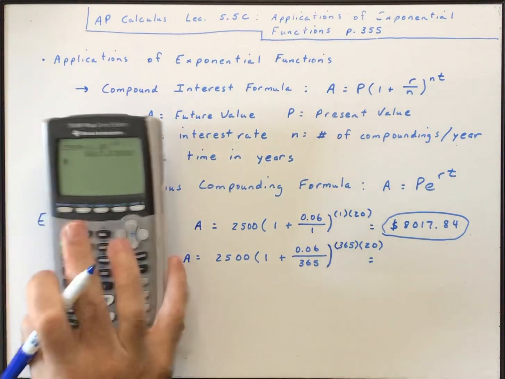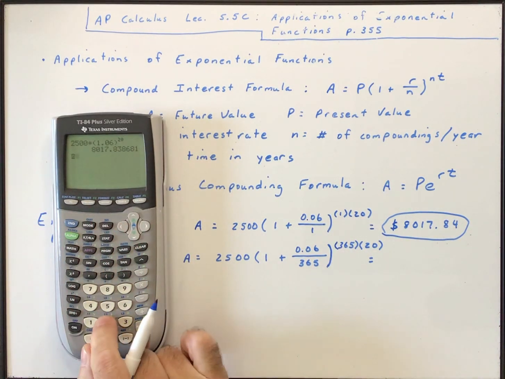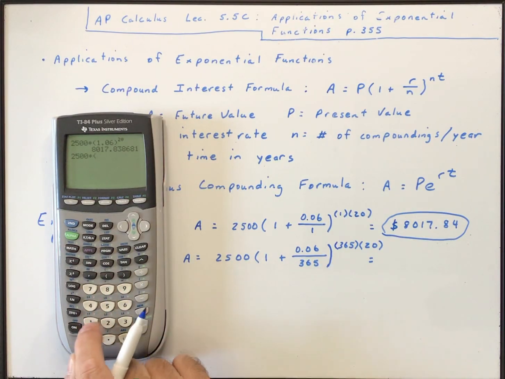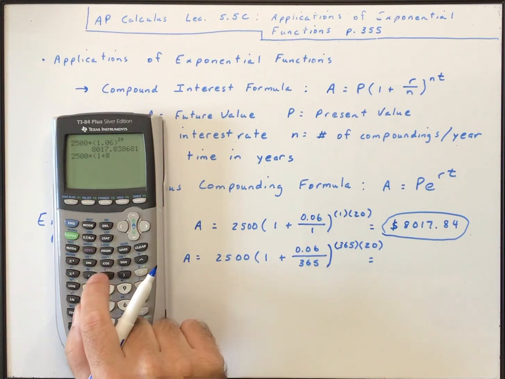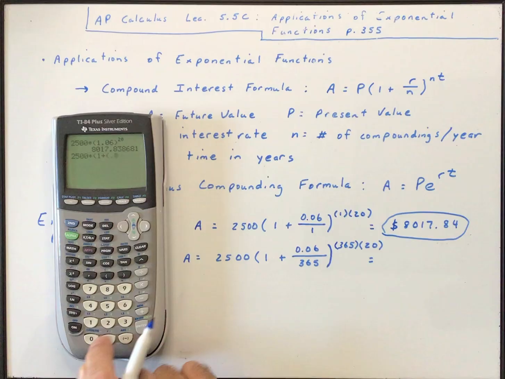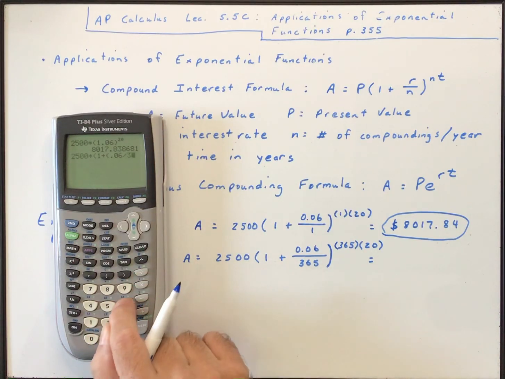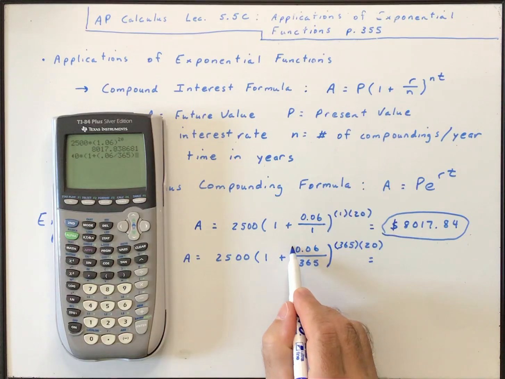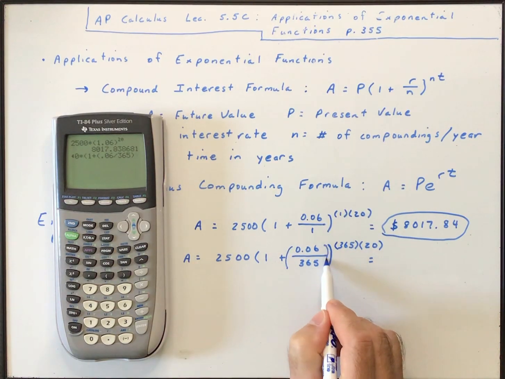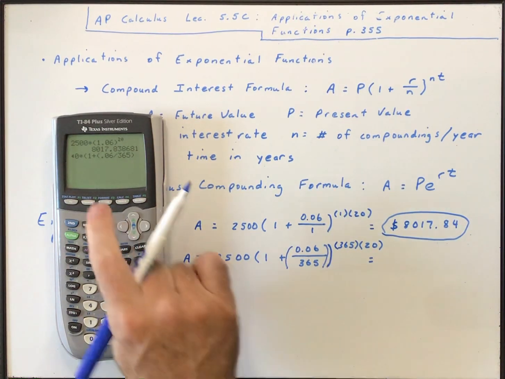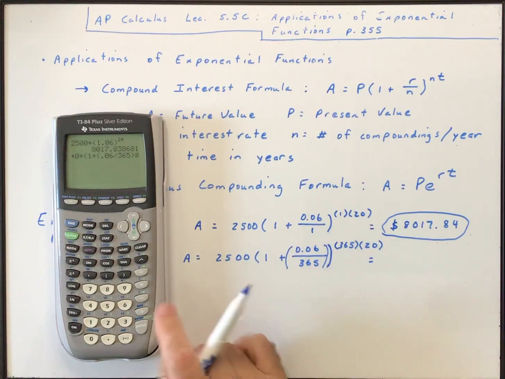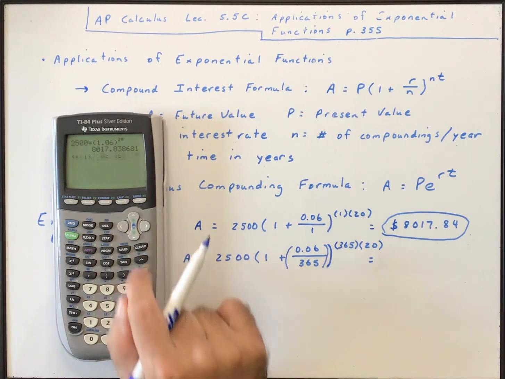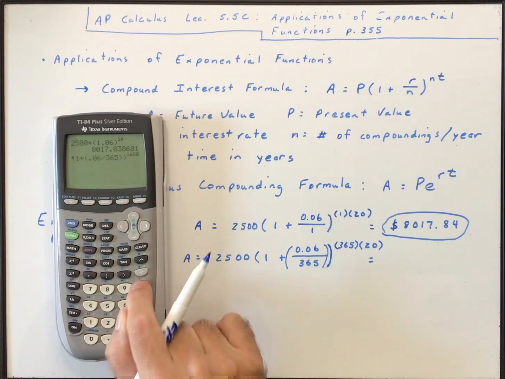So this is going to take a little more care to put in our calculator. That would be 2,500 times, I'm going to put a left parenthesis, 1 plus another left parenthesis, 0.06 divided by 365, right parenthesis, so all of this we're putting in parentheses. Close the overall parenthesis, and then we're going to raise that to the 365 times 20.